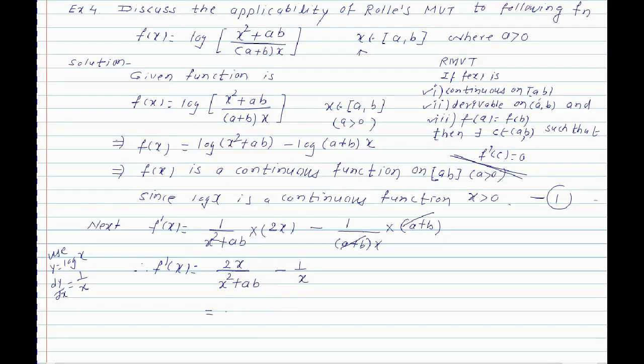It is equal to x into x square plus a into b, twice x into x is twice x square, minus 1 into x square plus a into b.